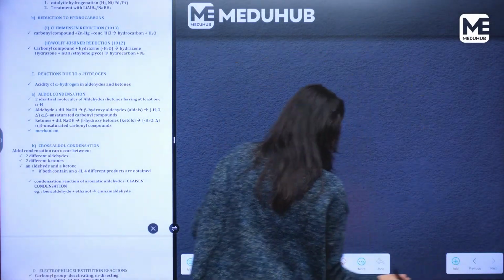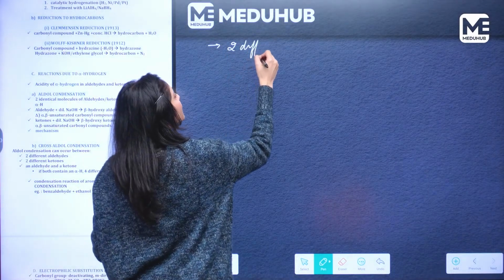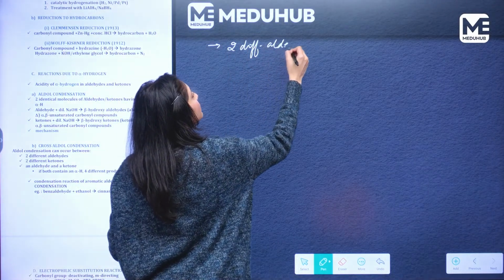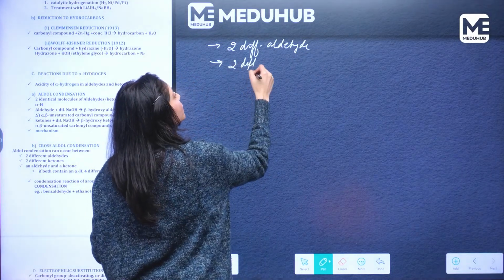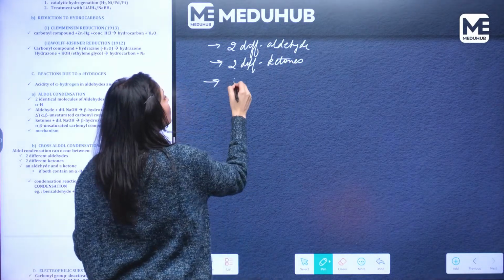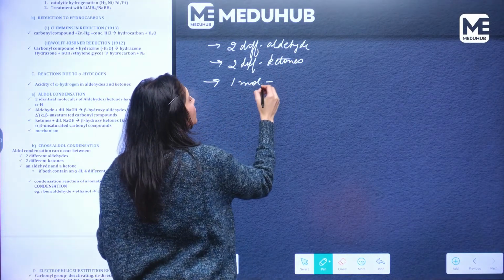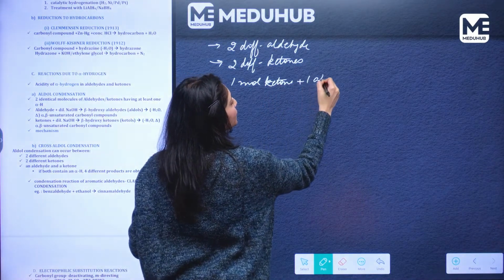What happens if we use two different molecules of aldehyde, or two different molecules of ketone, or one molecule of ketone and one molecule of aldehyde?